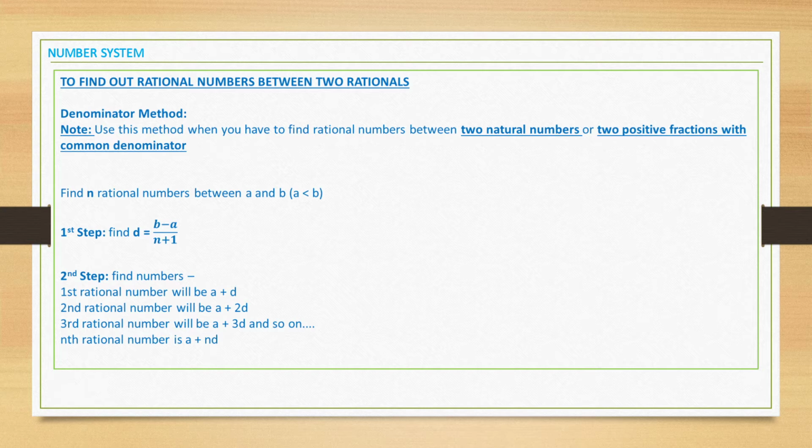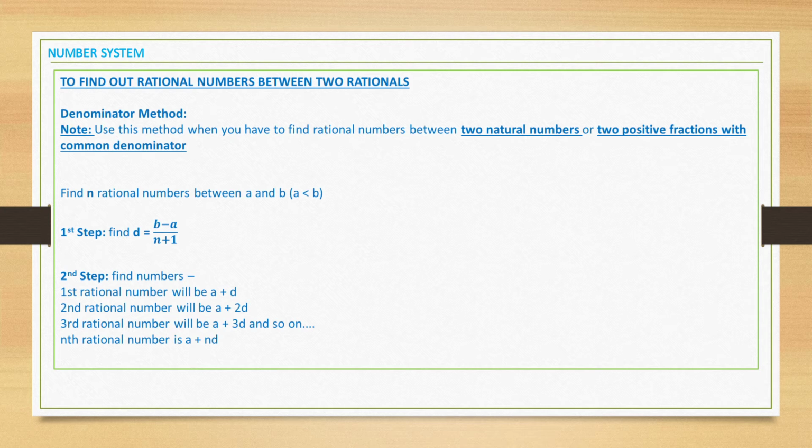There should not be any negative fractions, and if it is a fraction, there must be a common denominator. For those numbers only you can use this method, and it will be easy for finding the rational numbers between the two rationals.